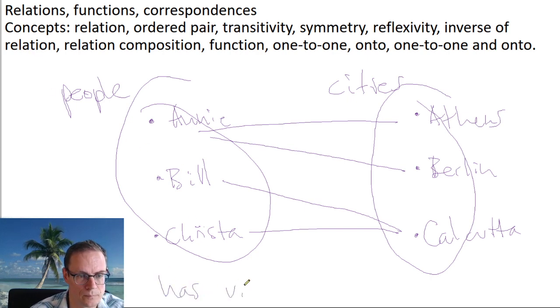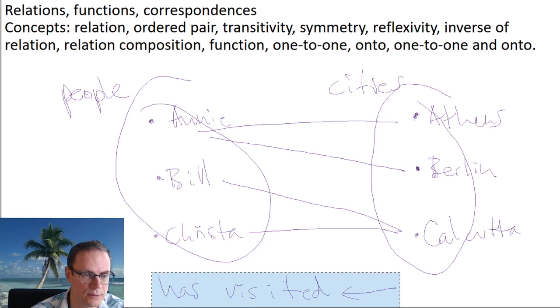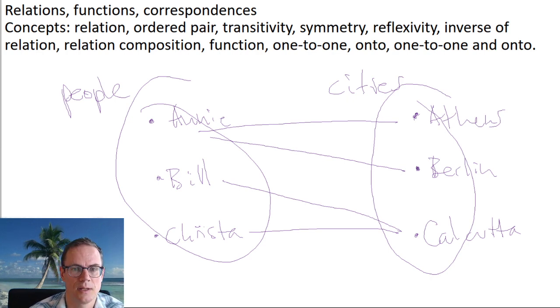Well, this is not a function. Why? Well, because it's one to many. Annie is mapped onto Athens and Berlin. But if we take a different relation, let's say we take the relation is currently in, it's impossible to be in two places at the same time.